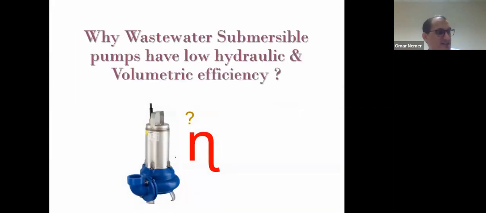Now, let us come to this question. Why do submersible pumps have low hydraulic and volumetric efficiency? And here I'm talking about the efficiencies, the volumetric efficiency, not the overall efficiency.